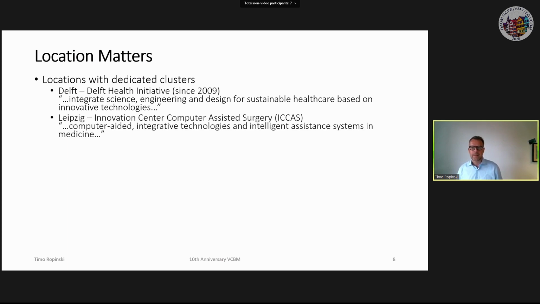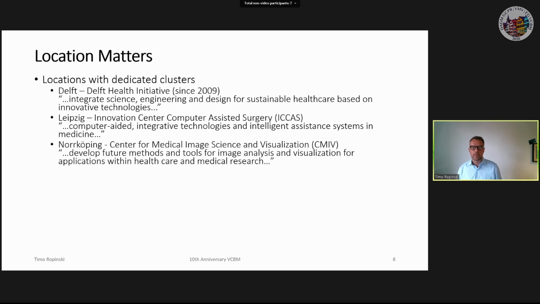Similarly in Leipzig, there's an innovation center of computer-assisted surgery, a little bit more specific to a certain branch of medicine, but also computer-aided techniques are in focus. In 2012 in Norrköping, we were co-located with the Center of Medical Image Science and Visualization, CMIV, many of you probably know.